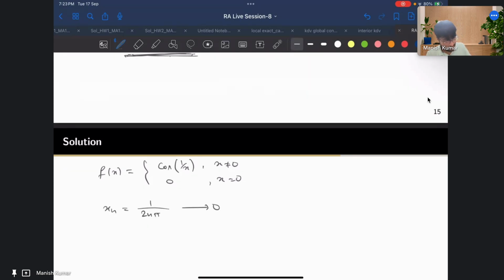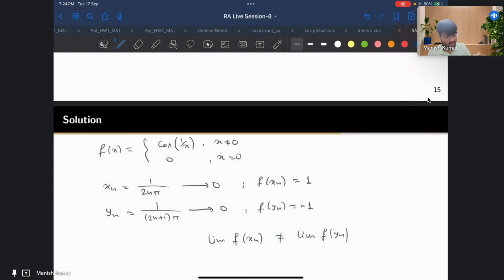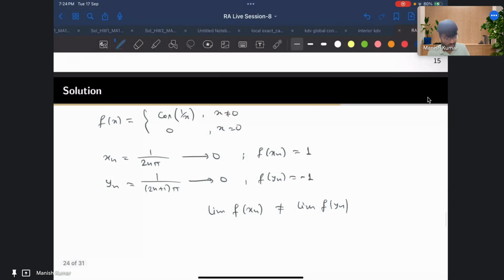Okay, this is going to 0. Now you choose another sequence y_n as 1/((2n+1)π), odd multiples of π. Again this is going to 0. Now if you look at f of x_n, this is equal to 1, and f of y_n will be minus 1. So the limit as n goes to infinity of f(x_n) is not equal to the limit of f(y_n), but both x_n and y_n are converging to 0, right?